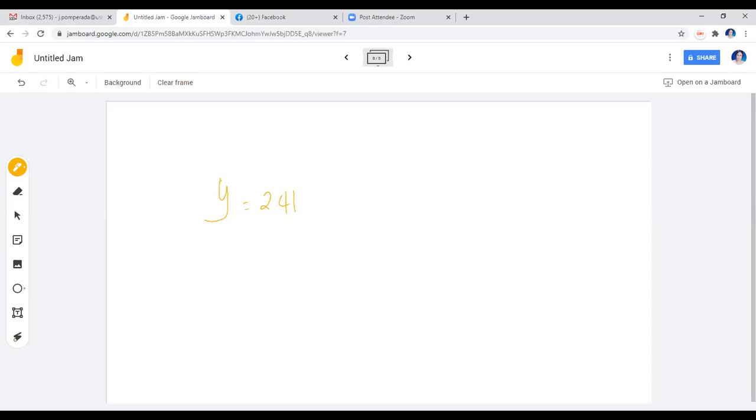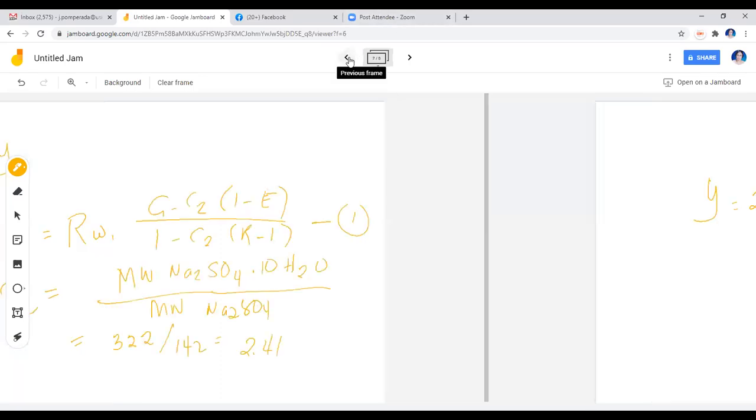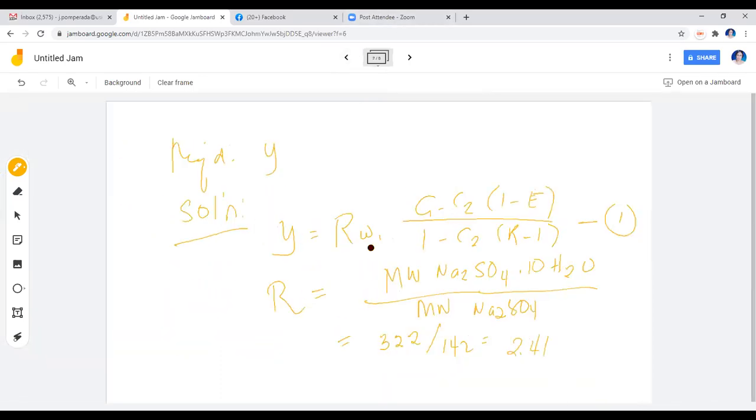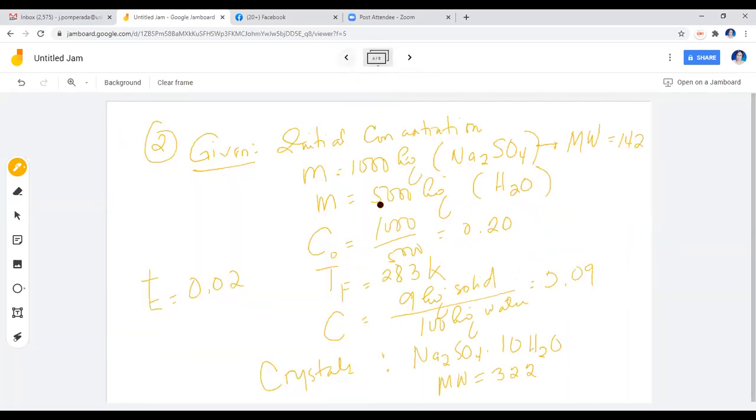Omega 1, let me check if I got it right. Omega 1 is the initial and omega 2 the final masses of the solvent. So I'm right. Omega 1 is initial water content and omega 2 final water content. So we go back here and determine the initial water content. The initial water content here is 5,000.